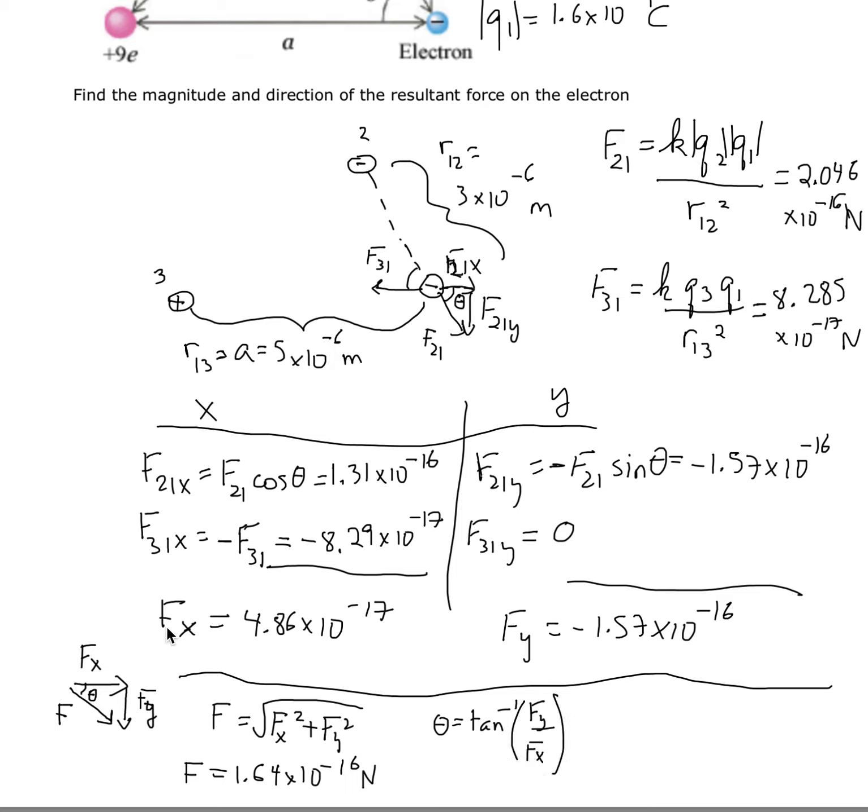This is because the tangent of the angle is Fy over Fx, so the inverse tan will give us theta by itself. When I do this, I like to keep the two components positive just so that the calculator gives me a positive answer. It's going to give me 72.8 degrees. Now that I have it visualized, I just need to give that angle the way that WebAssign wants.